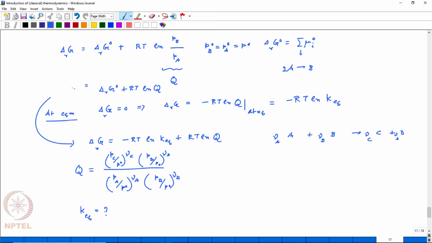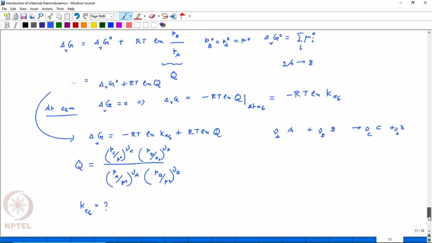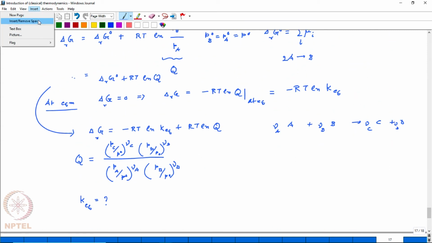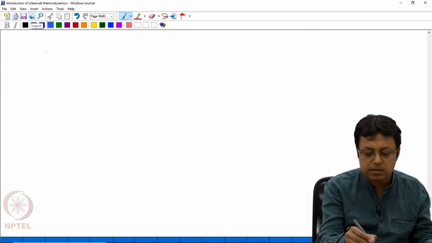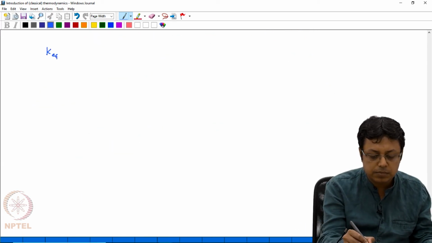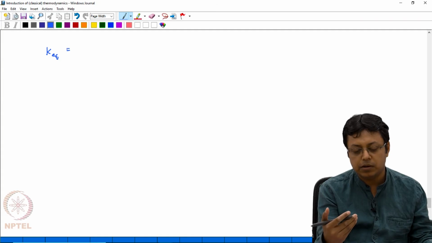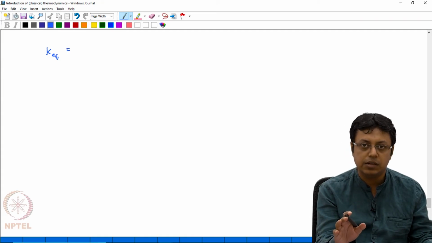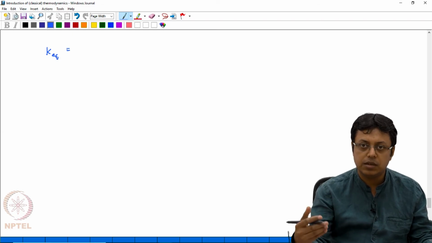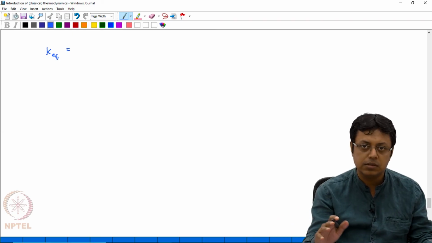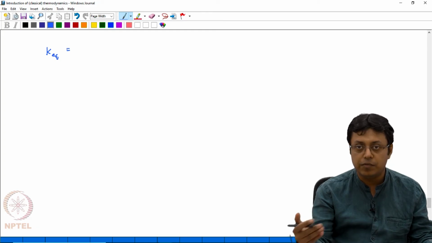That we try to understand, and then if we carry out the maths, we'll see that this equilibrium constant can have many effects, say from inert gas or temperature. For that we use a principle which is known as the Le Chatelier principle. Already you know these things, so I'm just giving you an overview.